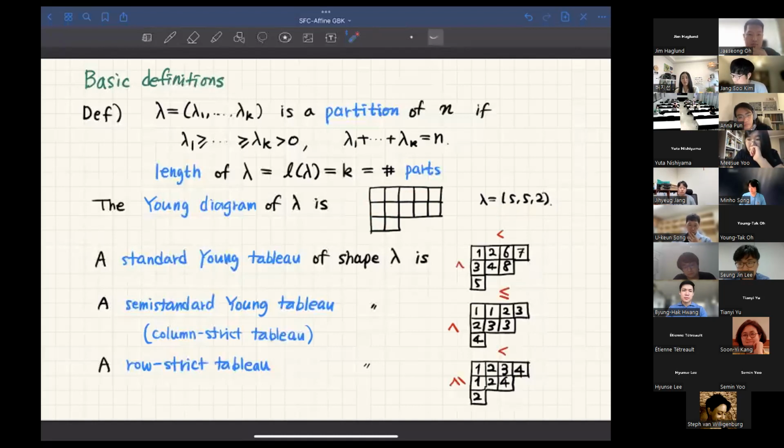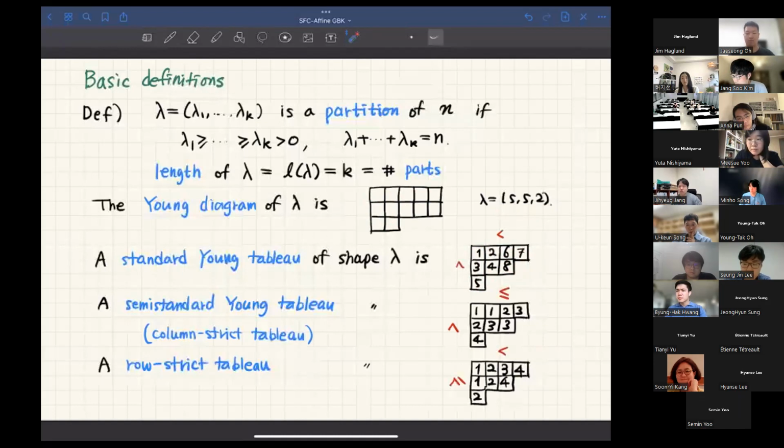And the standard Young tableau of shape lambda is a filling of these cells or squares of the Young diagram with integers 1 up to the size of lambda, so that integers are increasing in each row and in each column, like this. And a semi-standard Young tableau, also called column strict Young tableau, is defined similarly, but we may have repeated integers, or some integers may be missing as well.